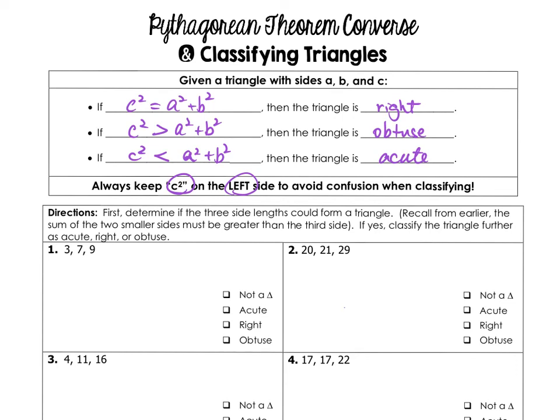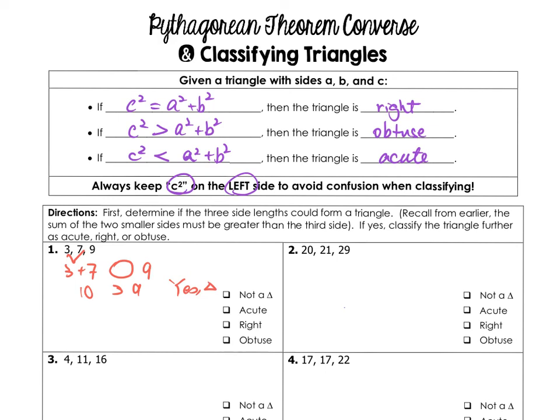So again, this is something we learned previously, that if I add the 2 shortest sides together, so in this one I have 3 and 7, I have to see if that sum is greater or less than the longest side. In this case, I have 10, and obviously 10 is greater. And therefore, yes, I have a triangle.